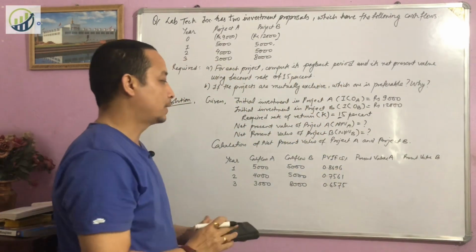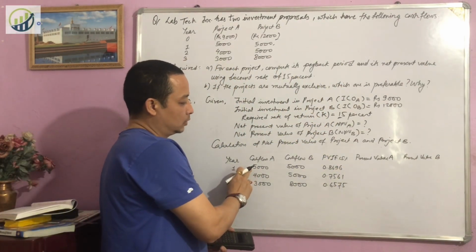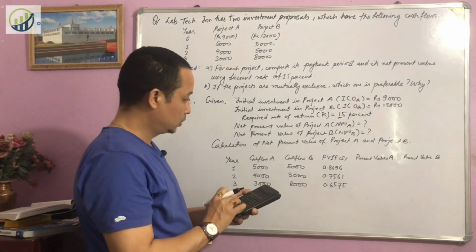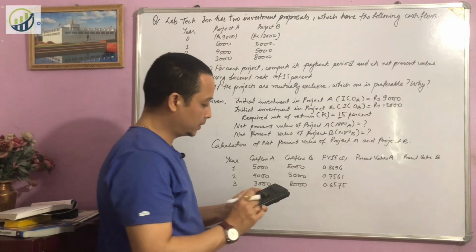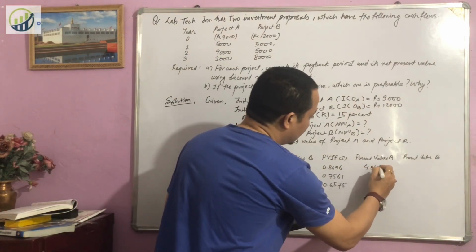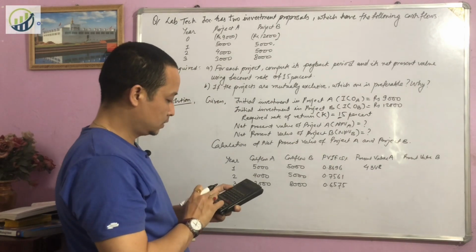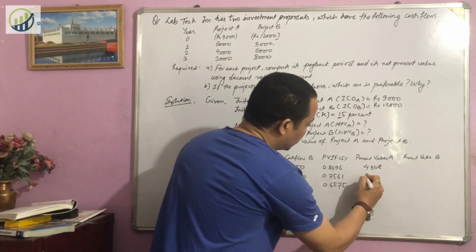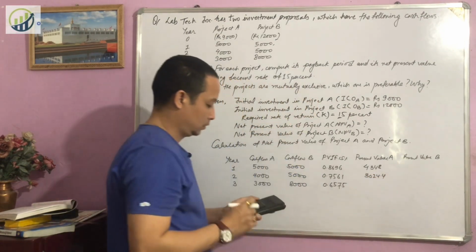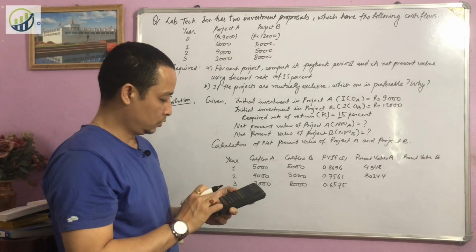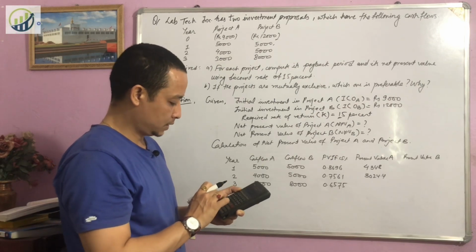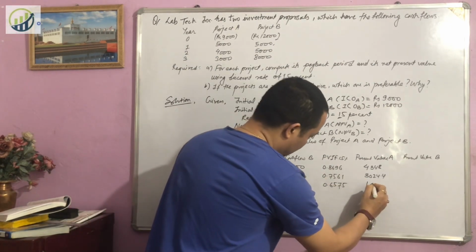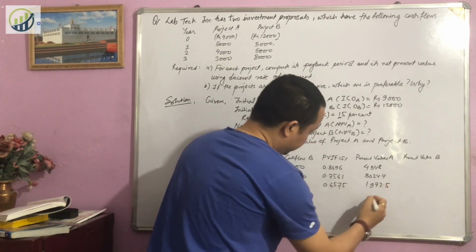So present value of A: multiply the cash flow with the present value interest factor. So 5,000 into 0.8696, that will be your 4,348. 4,000 into 0.7561, that will be your 3,024.4. 3,000 into 0.6575, that will be your 1,972.5.